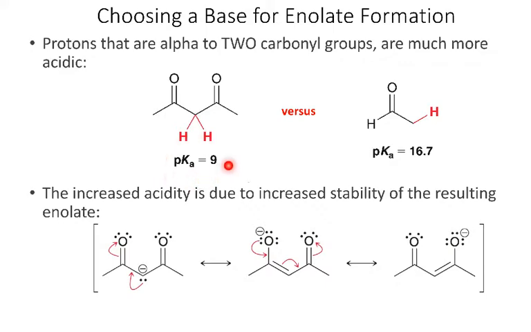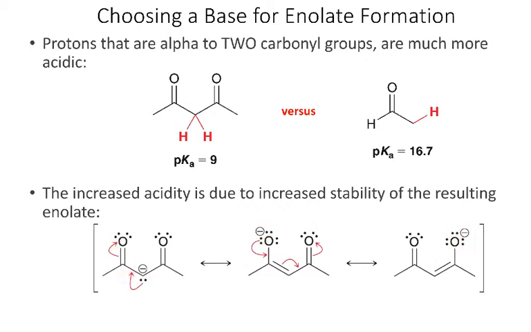It is much more acidic than your typical aldehyde or ketone. The reason being, when I pull off one of these hydrogens, it's going to be doubly resonance stabilized. I can draw resonance structures where the negative charge is localized on both of these oxygen atoms.